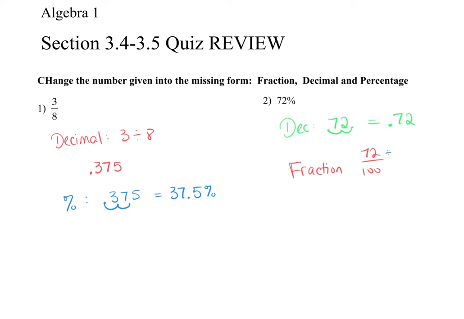So divide by 2, and you're going to get 72 divided by 2 is 36 over, we can keep reducing it, right? What else can we reduce here? Yeah, 2 again. So we could have done 4 at the beginning, or you can just keep reducing. 36 divided by 2 is 18, over 25, all right? That's as small as we can get that one, so that is my answer there.